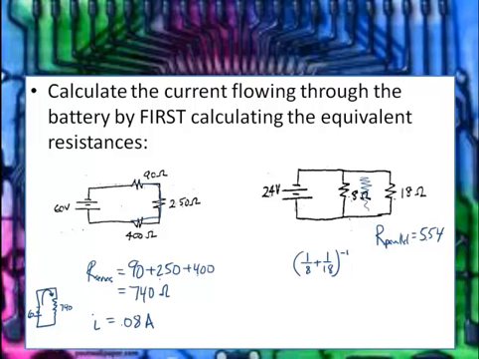Now I want you to notice here, when you add resistances in series, you get a bigger resistance. That's intuitive. When it's in parallel, anytime you add resistances in parallel, you will end up with an overall resistance that is actually less than either of the combined resistances. One way that has helped me to think about that is every time you add another resistor in parallel, you're adding another opportunity, another route for current to flow.